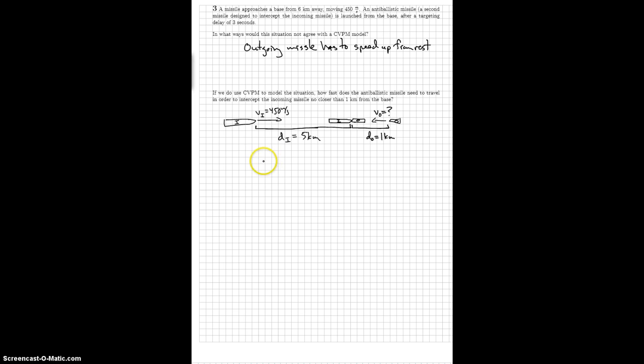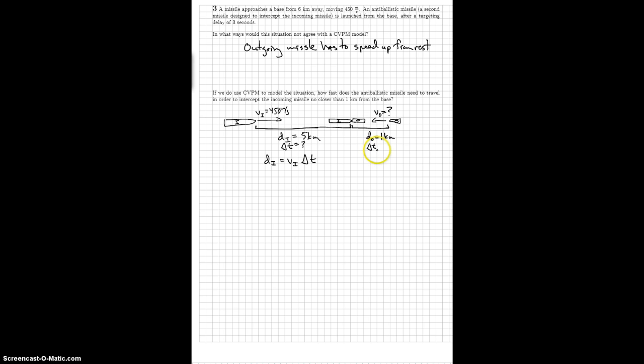Okay, so CVPM will tell us that the distance the incoming missile goes is VI times delta t. The delta t for the two are not the same. For the incoming one, it is unknown.